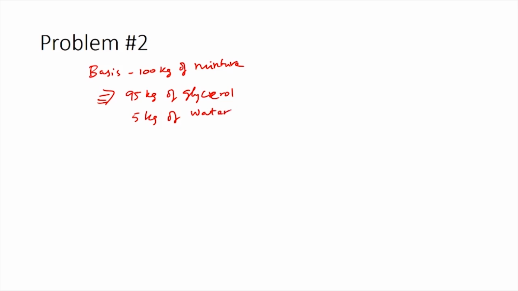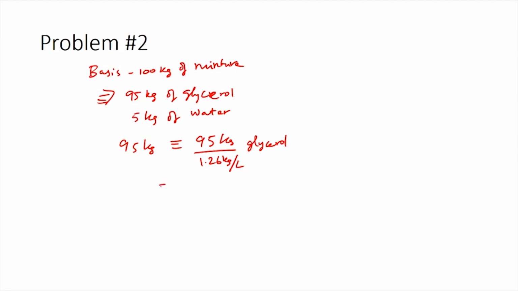We know the densities of glycerol and water, those values have been given to us. So, this 95 kilograms of glycerol would actually occupy 95 kilograms divided by 1.26 kilograms per liter of glycerol. This would be the volume, because this is mass divided by density.